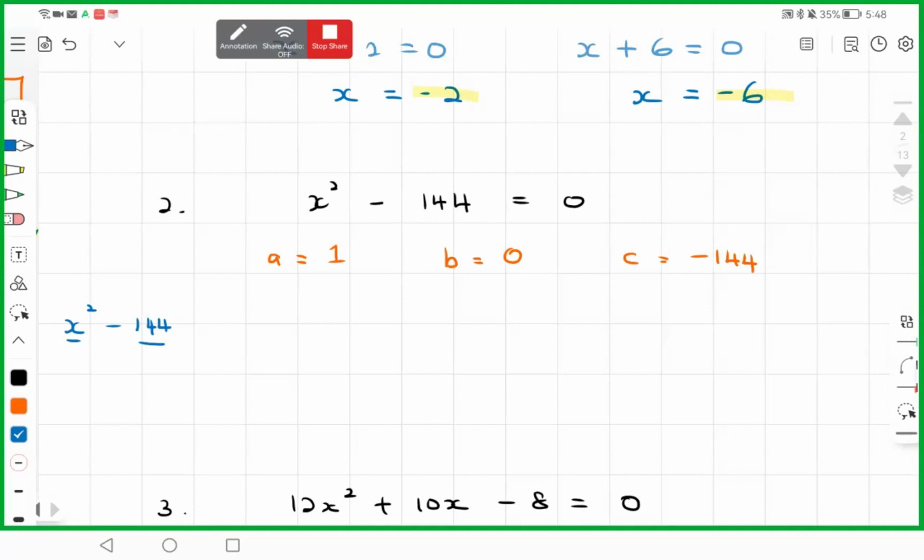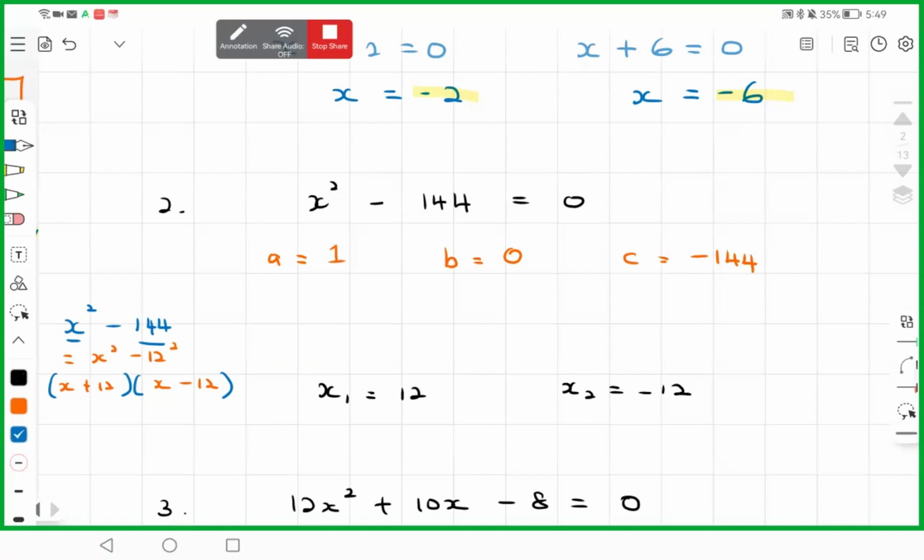So when we do factorization, it can change to x squared minus 12 squared, so one bracket gives positive and another gives negative. With the manual method, factorization of a perfect square gives 2 brackets, one positive, one negative. But since now we are using the calculator, we know the first answer is positive 12 and the second answer is negative 12.